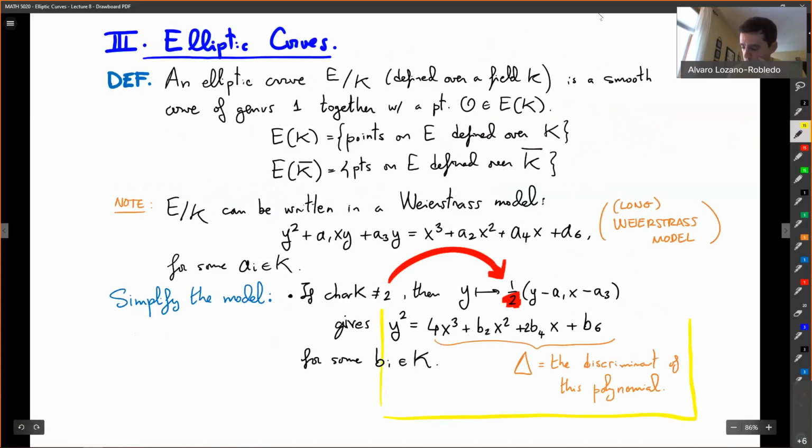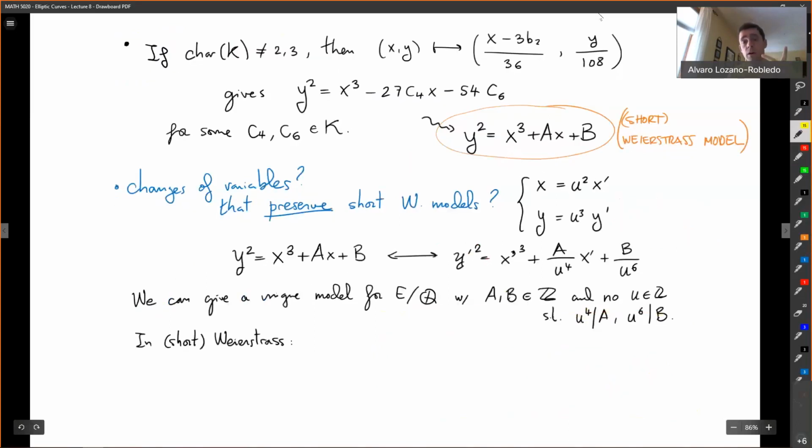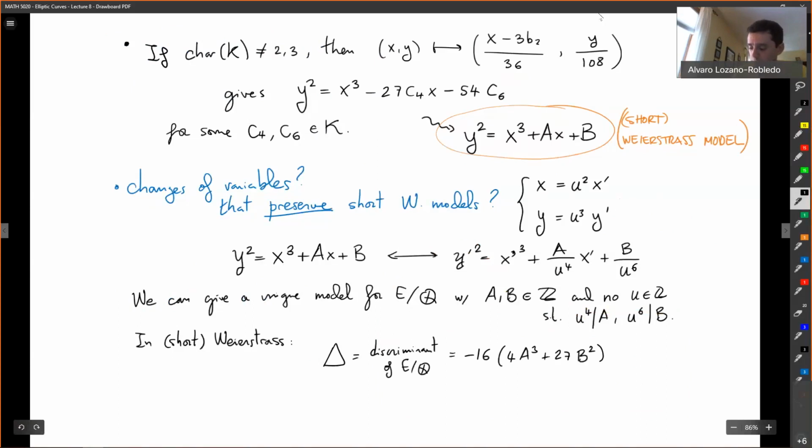In these new variables a and b, the formula for delta, the discriminant, is given by minus 16 times (4a cubed plus 27b squared).